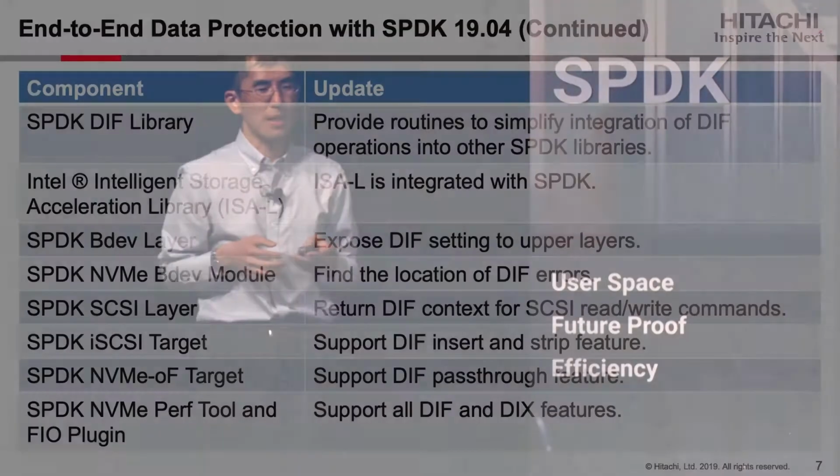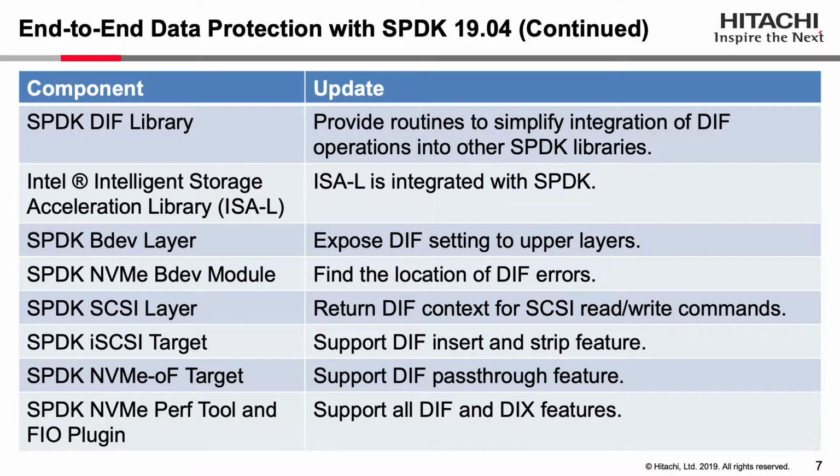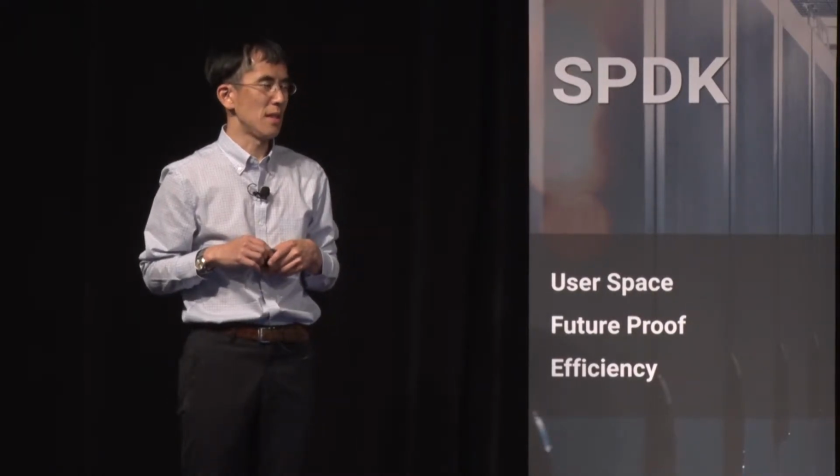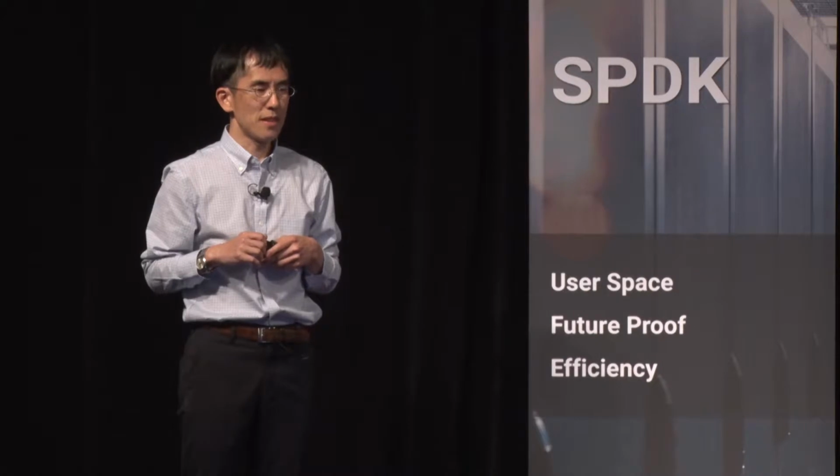And this page shows the summary of the update of SPDK 19.04 for DIF feature. And I will mention here some components I will not mention later. So the first one is Intel ISA-L. ISA-L has been integrated with SPDK recently, and ISA-L has a good CRC computation feature.